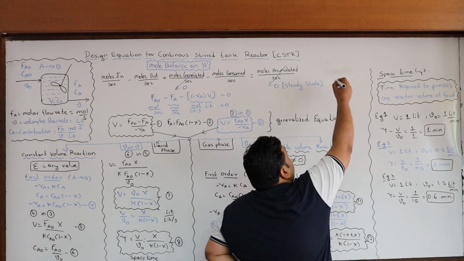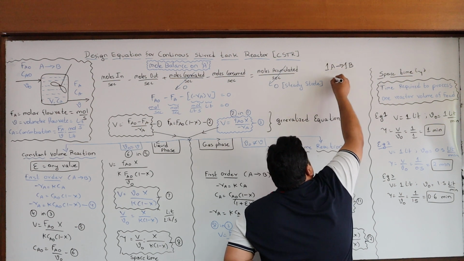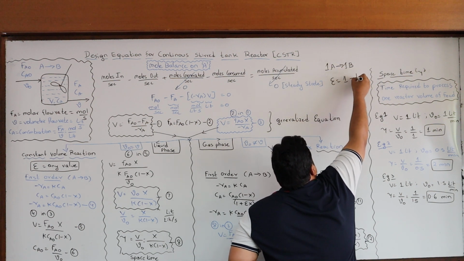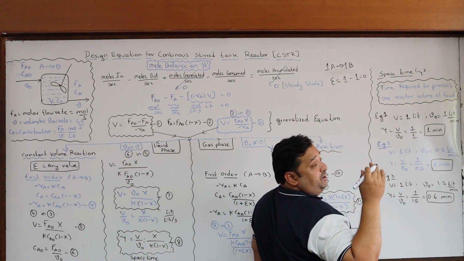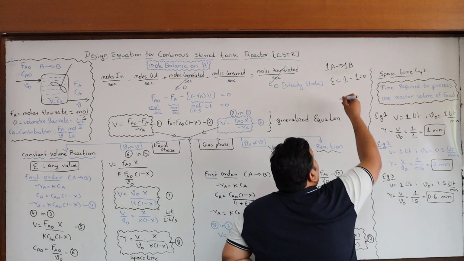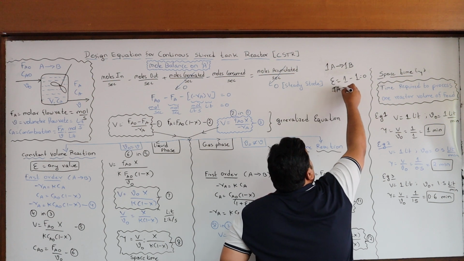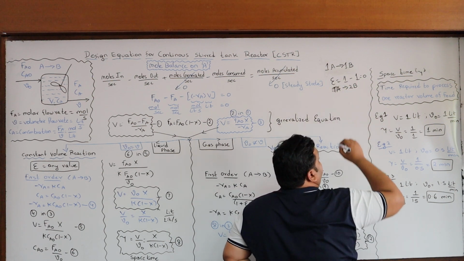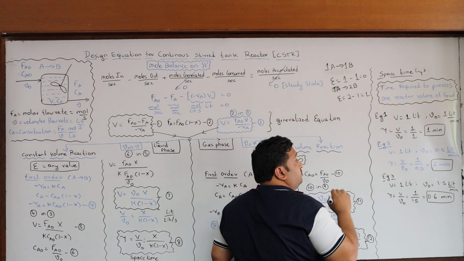Example, 1 mole of A is giving 1 mole of B, the epsilon means product moles minus reactant moles, which is 0. That is, there is no change. I mean, inlet volumetric flow rate will be equal to the exit volumetric flow rate. If it is 1 mole of A giving 2 moles of B, that means epsilon is equal to 2 minus 1, which is 1, that is positive.